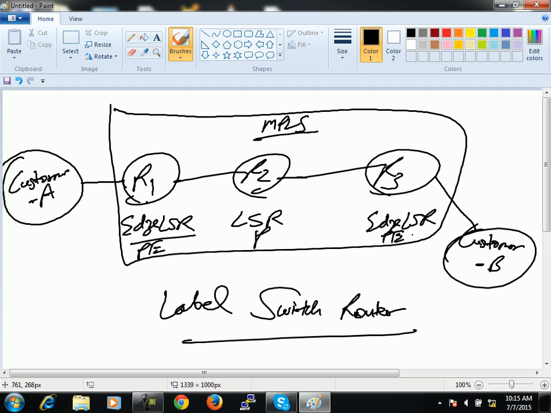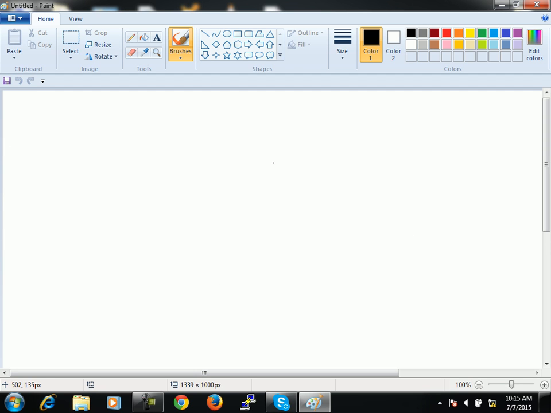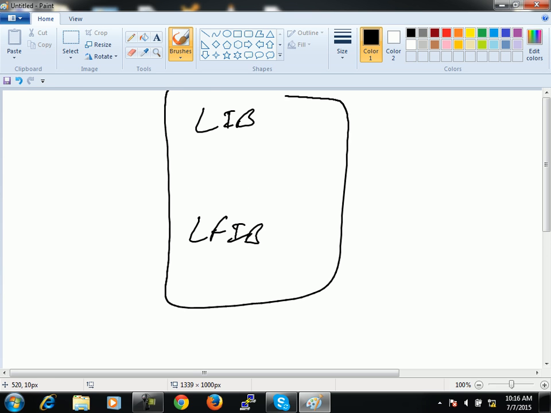So apart from it, we also have some other terminologies over here like LIB and LFIB. LIB is same as RIB. Like RIB is always stored in control plane, in the same manner in MPLS, LIB, label information base, will be there in control plane, and then it will get copied into LFIB.